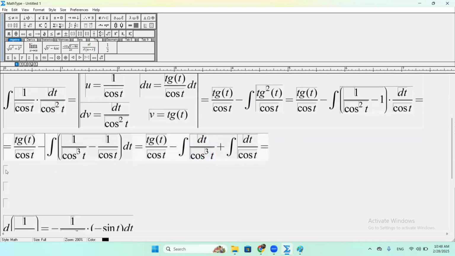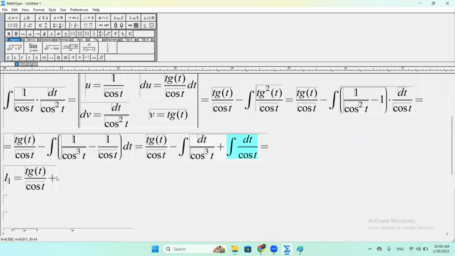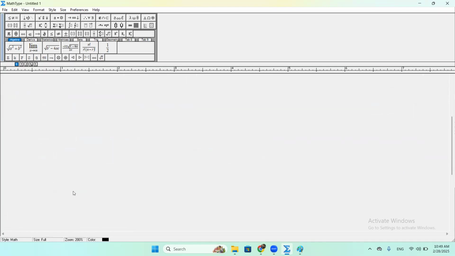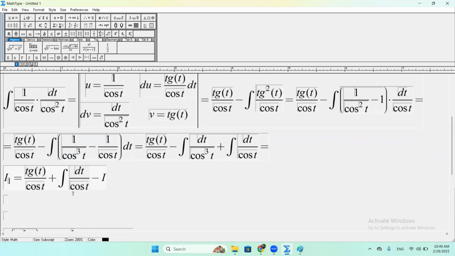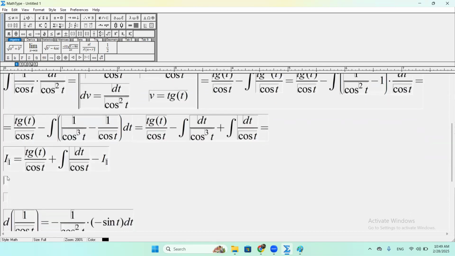So if we rewrite it, minus this integral. So we can solve the following. This integral will be found from the following equation.